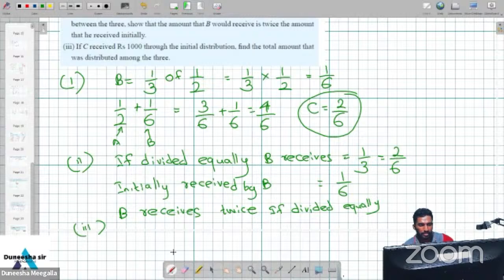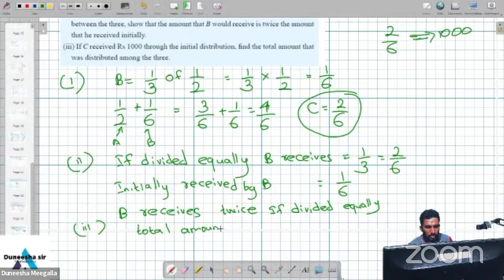Okay, how do we find it? 2/6 is equal to 1000. You have to find 6/6, the total distributed amount, which equals 1000 divided by 2 and multiplied by 6.